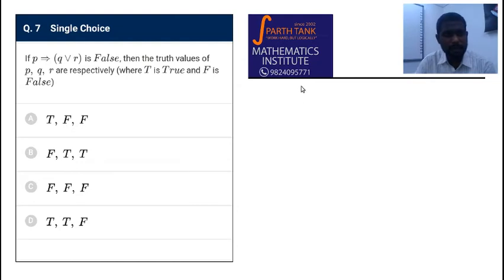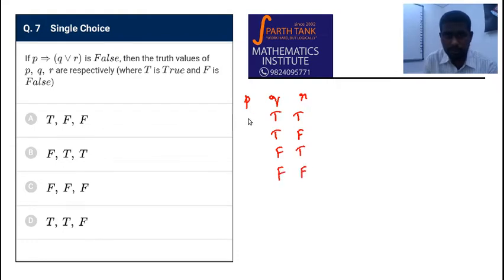If P implies (Q or R) is false, then the truth values of P, Q, R are respectively. Okay, so we need a truth table, P, Q, R. Let us say this is true, true, true, false, false, true, false, false. And for all these 4 cases, P can be true.